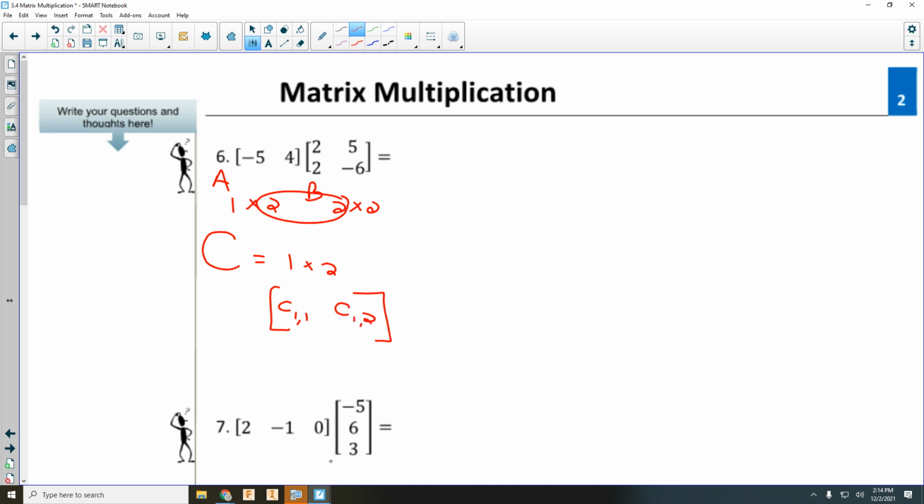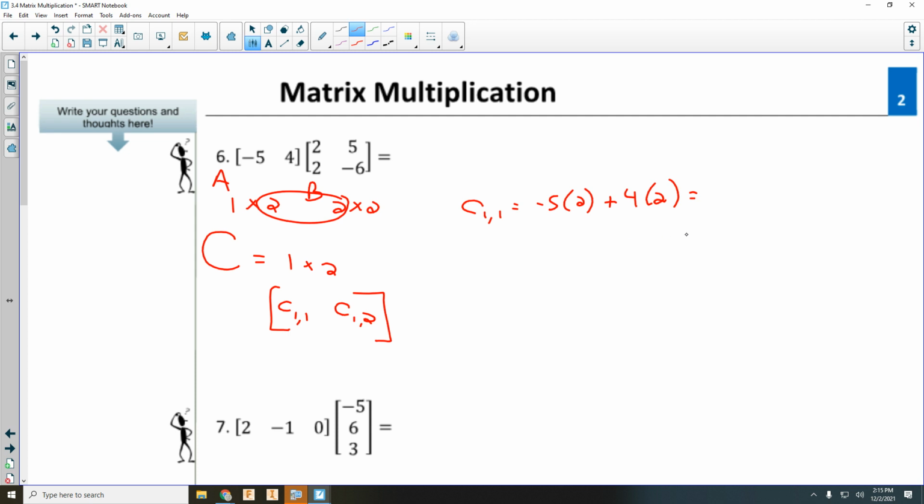So this one is not as hard to do. You only got 2 elements to figure out. C11: -5 times 2 plus 4 times 2. No, it's not -18.